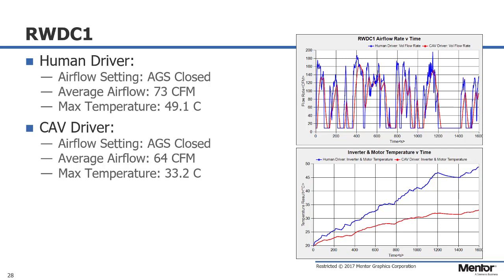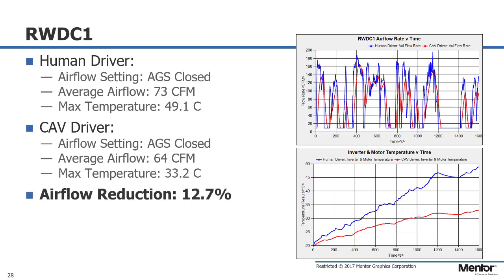And as we'd expect, we could stay with the same AGS closed, and we're going to get a reduction in temperature, mainly because we have less heat being generated, as we talked about earlier. So really a temperature difference of about 12 degrees while having a lower flow rate, which is an interesting part to this, because generally if your airflow goes down, you'd expect your temperature to go up, but there's so much less power being generated, we still have a good temperature drop.